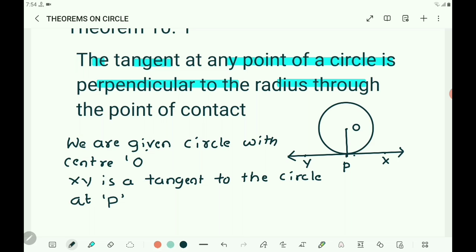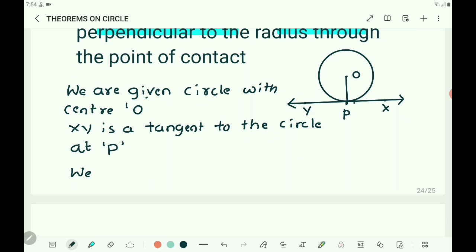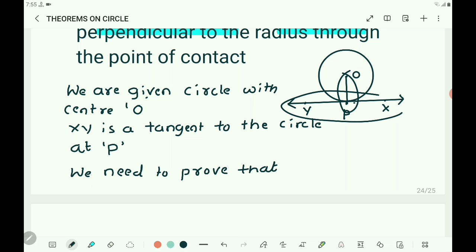Now what do we have to prove? We need to prove that OP is perpendicular to XY.